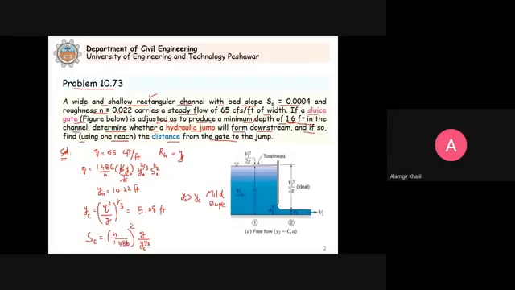This is the value for a wide and shallow rectangular channel.